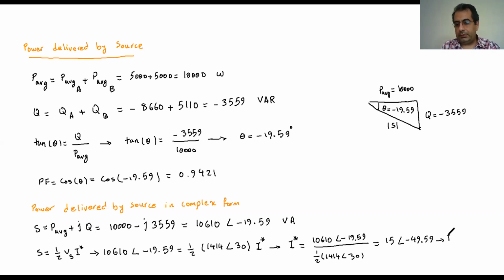So I is just the magnitude of 15 and the negative of that angle, 49.59 amps. So this is how we can use the power triangle to calculate the values we need in this circuit.